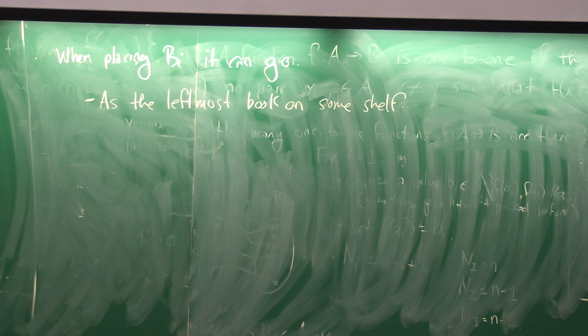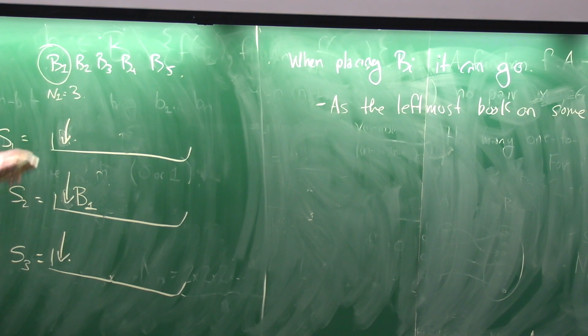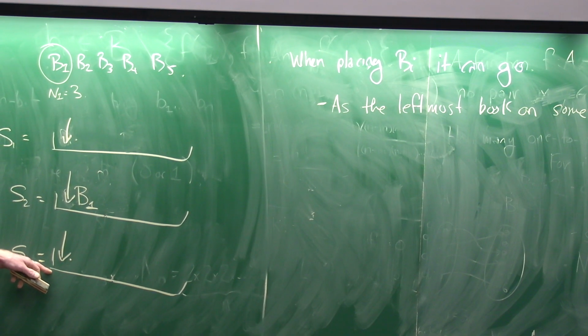So for book 2, it can go here, or it can go here, or it can go here. That's the sort of first class of options.